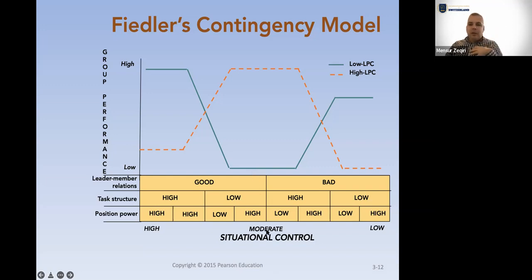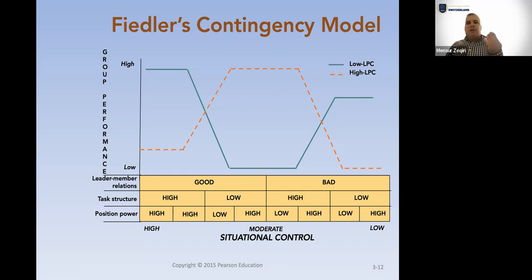And as you can see here, moderate situational control is the one that leads to a high LPC and much higher group performance. Moderate situational control is when we have good leader-member relations, the task structure is low, and the position power is moderate, so it's not that high. So it's a combination of both of them.